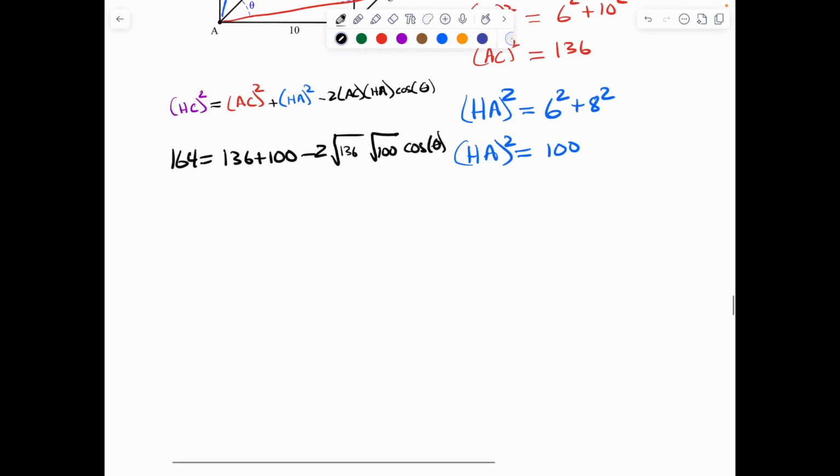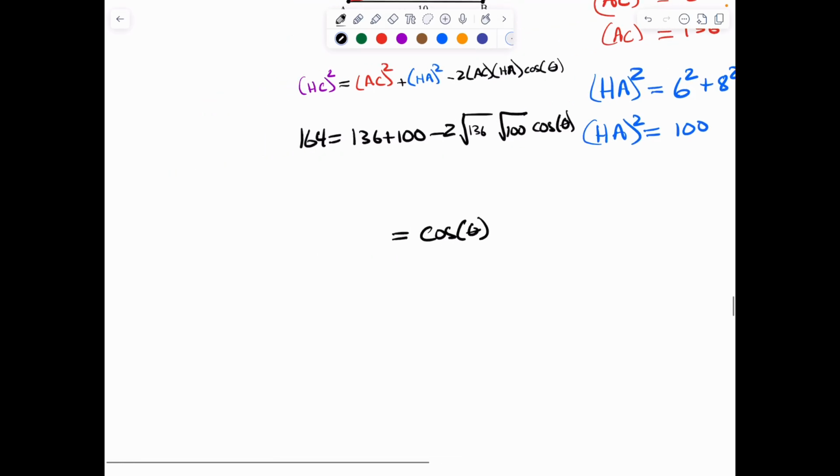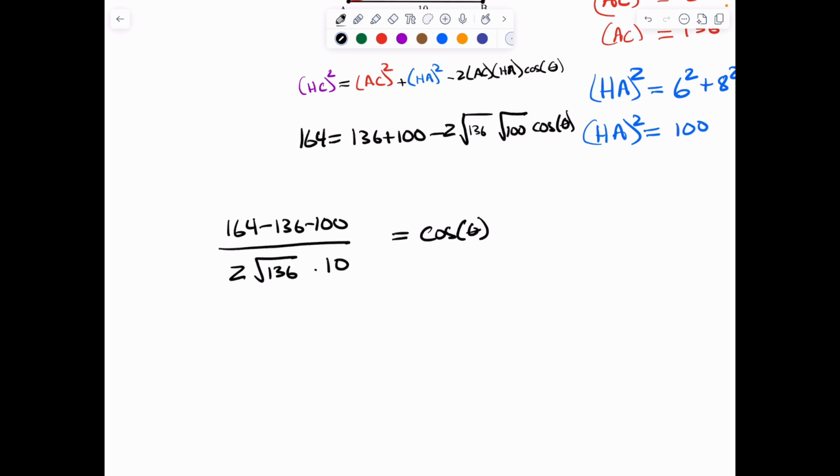Give me a minute. So I've got 164 minus 136 minus 100 all over 2 times the square root of 136, and I happen to know what the square root of 100 is.